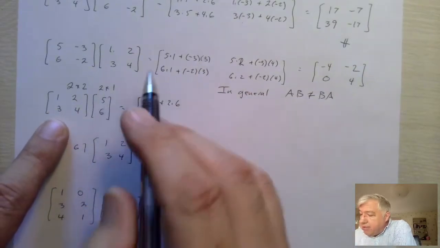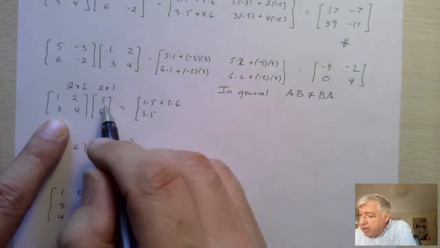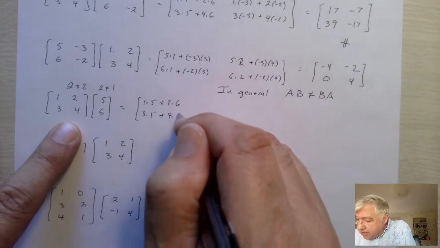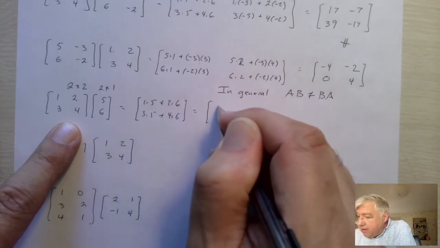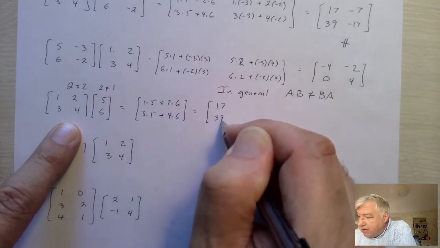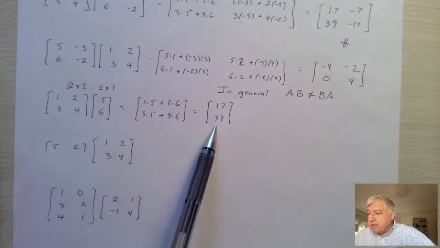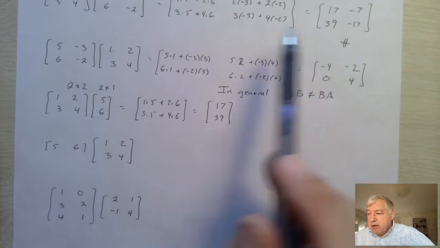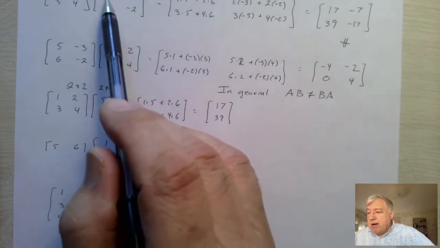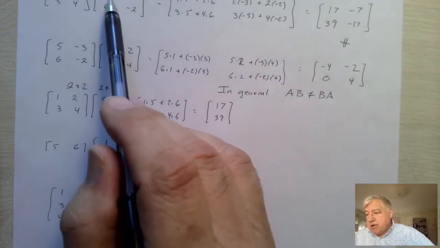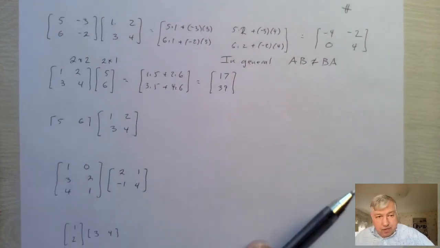And then this will be 3 times 5 plus 4 times 6. And this will be, again, 17 and 39. And you'll see it's no accident that this column is the same as the column up here, because basically we were just doing the same operation, the first couple operations we did up here.